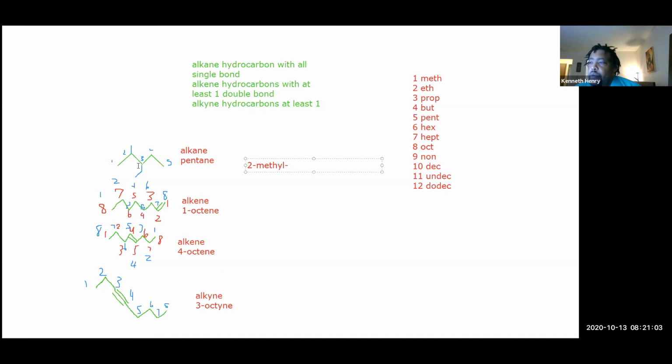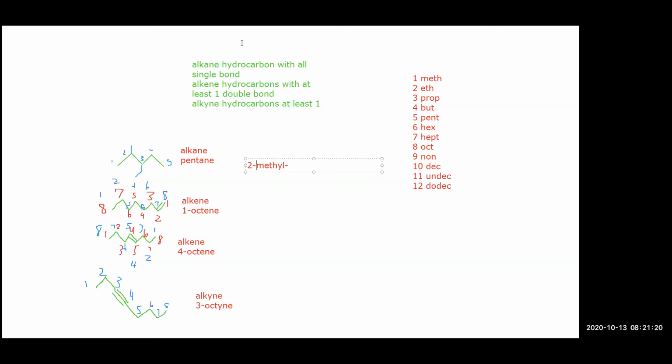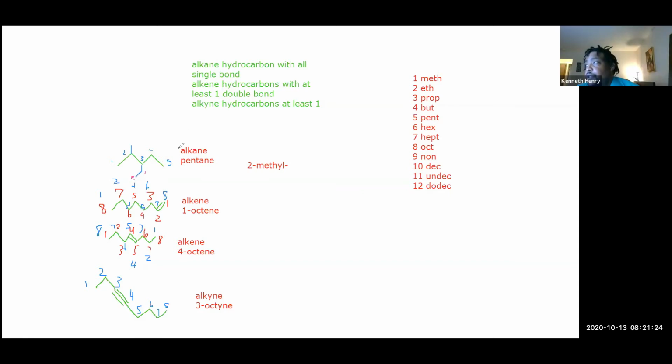Okay. Now on the third carbon, the chain that's coming off of it has how many carbons? Two. It has 2, 1, 2. So then that's going to be which prefix? Eth. Can be eth.